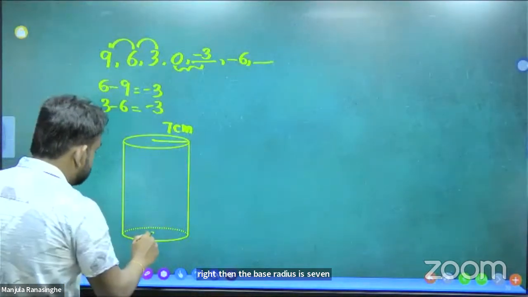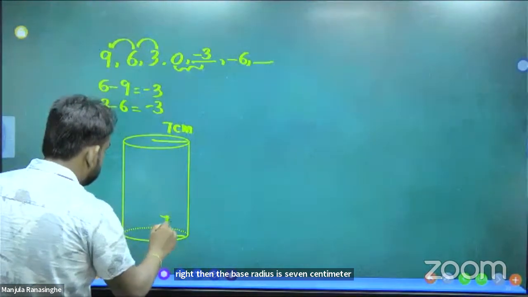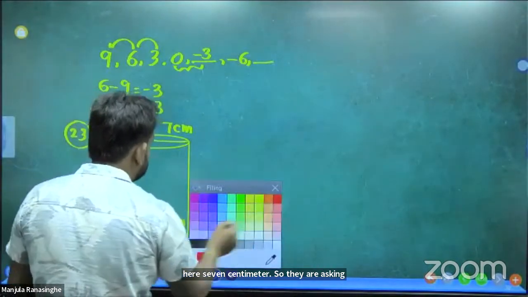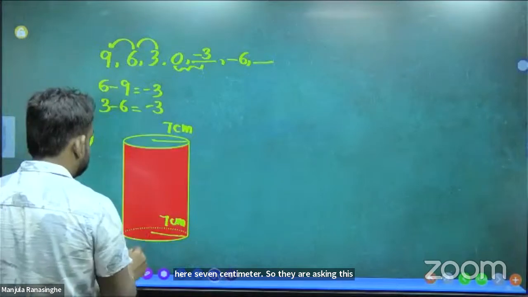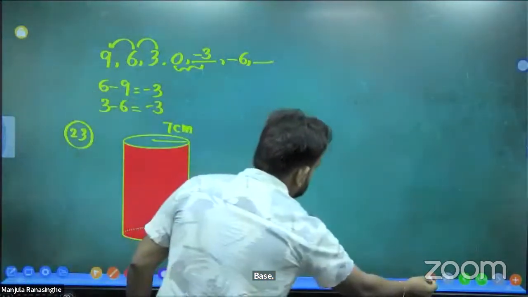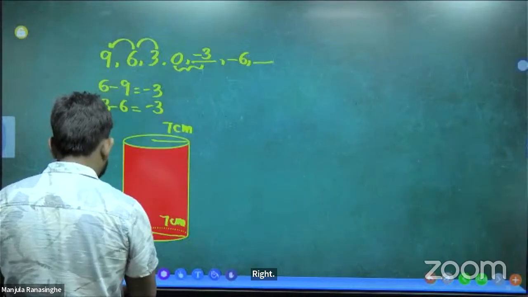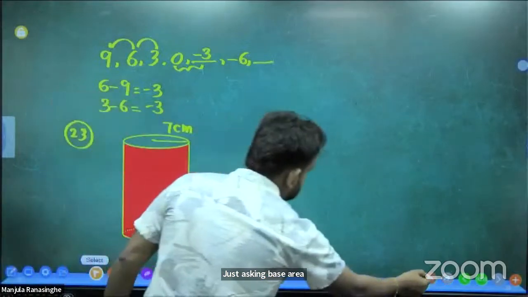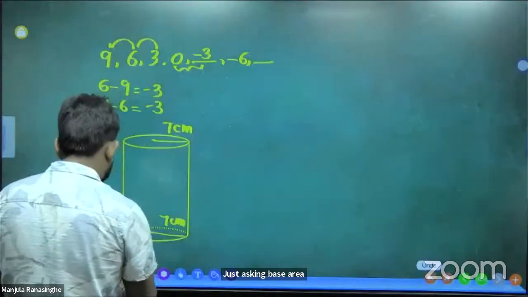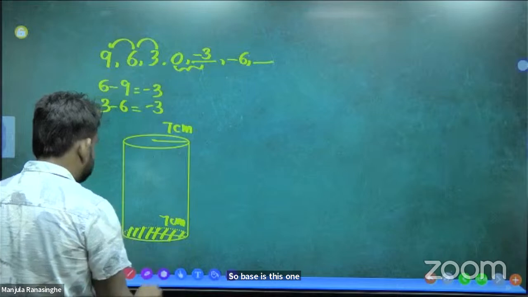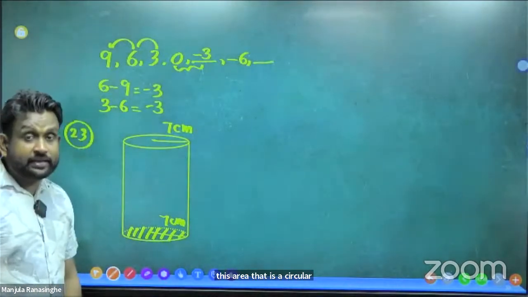This is the base, here 7 centimeter. So they are asking this base, just the base area. The base is this one, a circular plane figure, that area is asked.